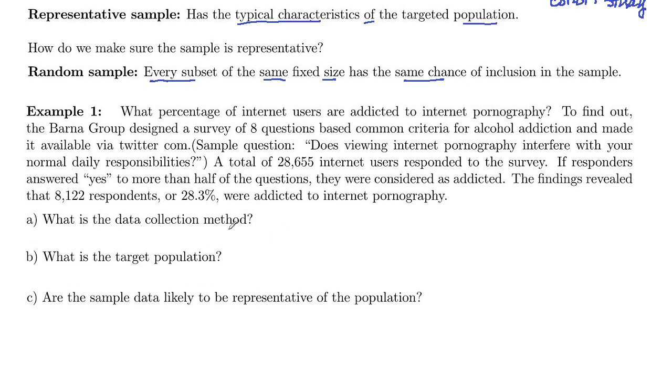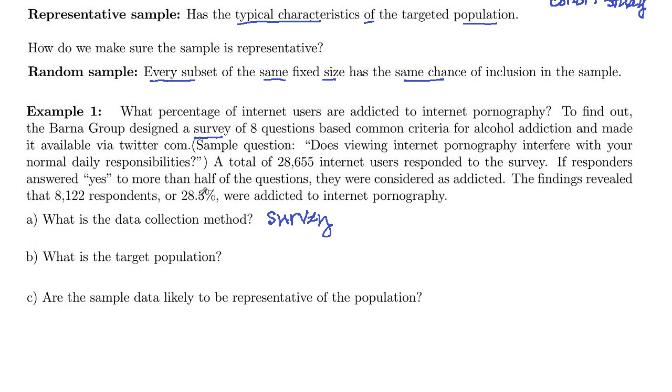So what's the data collection method here? Well, we did a survey, right? They designed a survey of 8 questions. So they're collecting via a survey. So it's an observational study. What's the target population? Well, it doesn't say anything here about male or female.